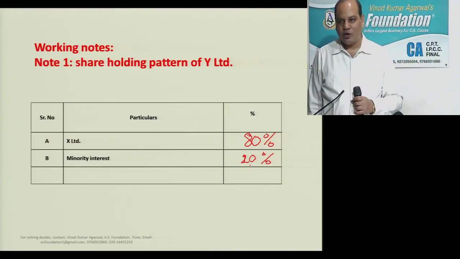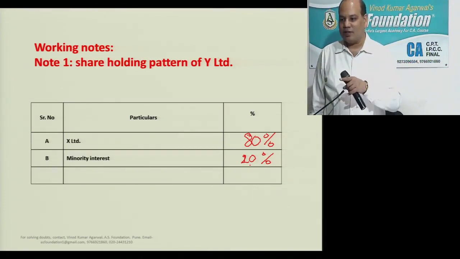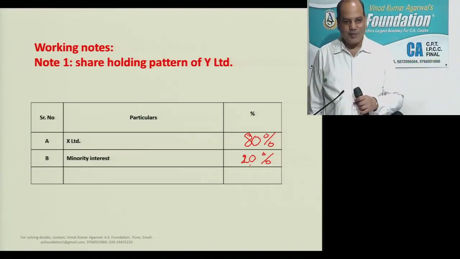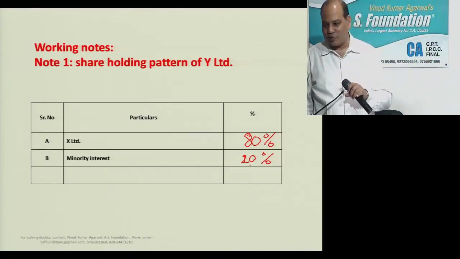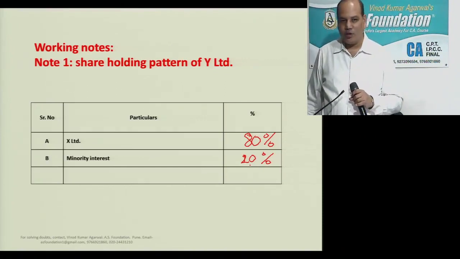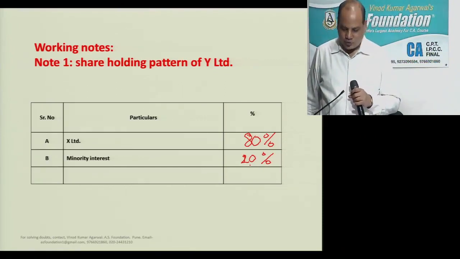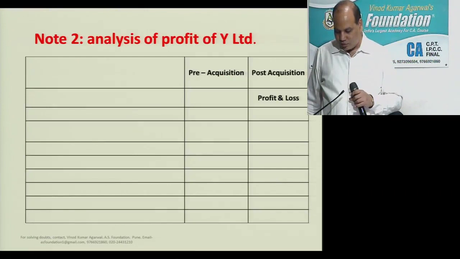General reserve was already in existence on 1st January, and shares were acquired on 1st April. So the entire general reserve will go to the pre column. No general reserve will be written in the post column. So you are right, 2 columns are enough on the right side.